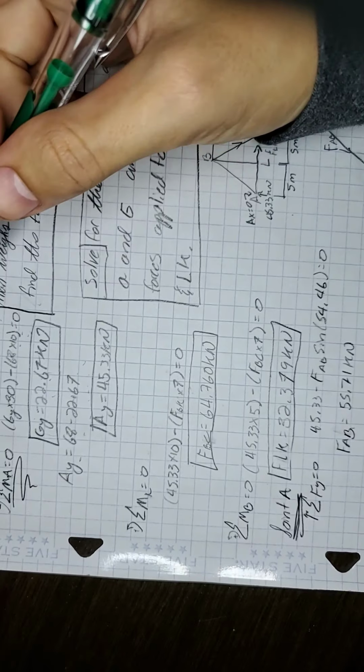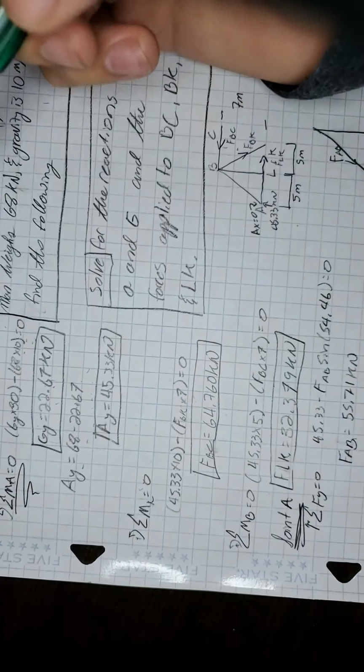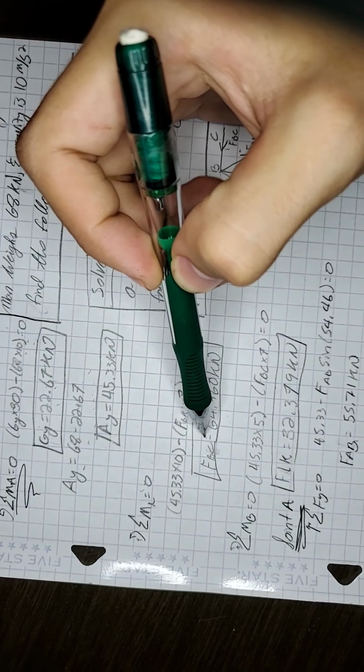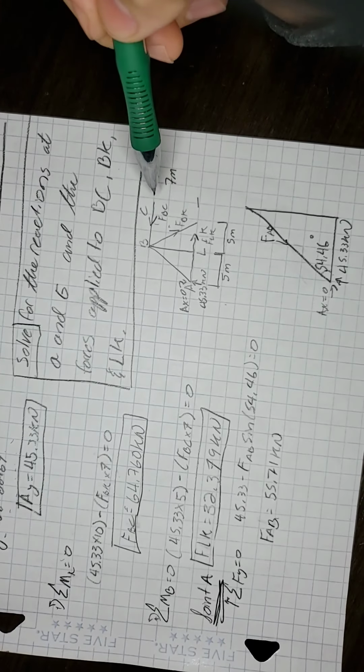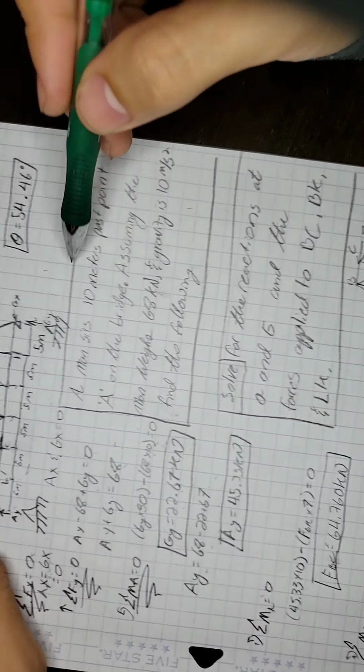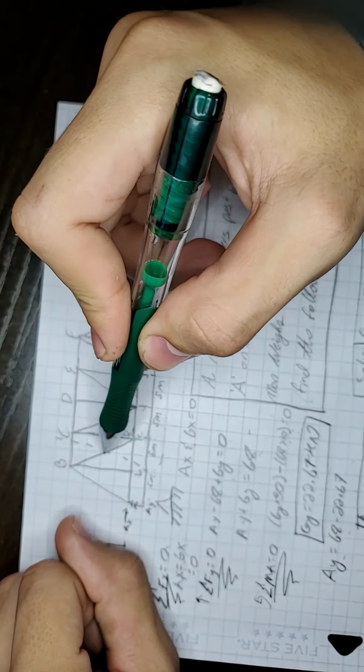Okay, so then we take our moment at K, right? And then we find our force in BC, which we'll be mostly using this graph for, after we make a cut on the top.